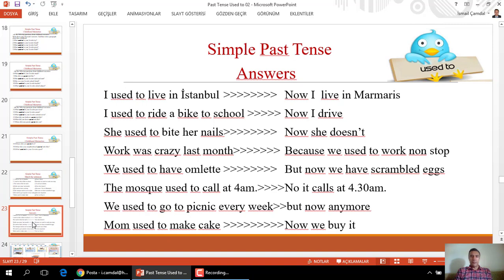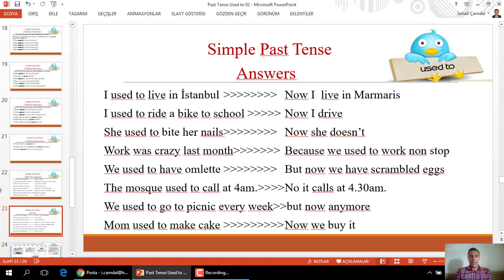The answers: I used to live in Istanbul, but now I live in Marmaris. I used to ride a bike to school, but now I drive. She used to bite her nails, but now she doesn't. Work was crazy last month because we used to work non-stop.